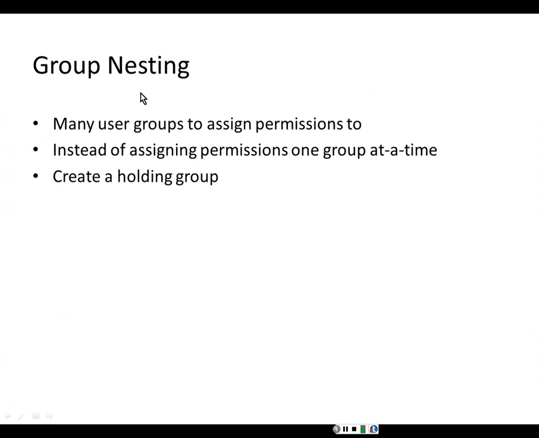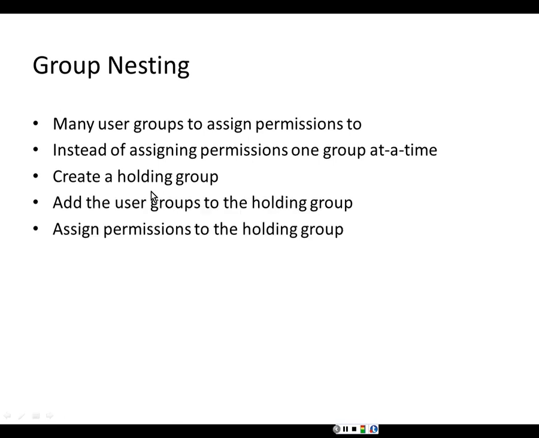So in group nesting, where we add groups to groups, it's the situation where we have not just many users, but we have many groups to assign permissions to. And instead of assigning the permissions one group at a time, we create a holding group. We add the user groups to the holding group, and we assign permissions to the holding group. And here's the terminology.